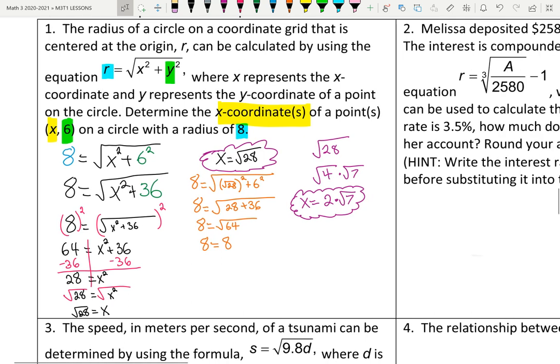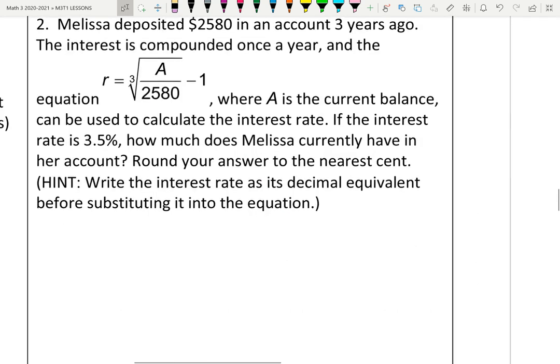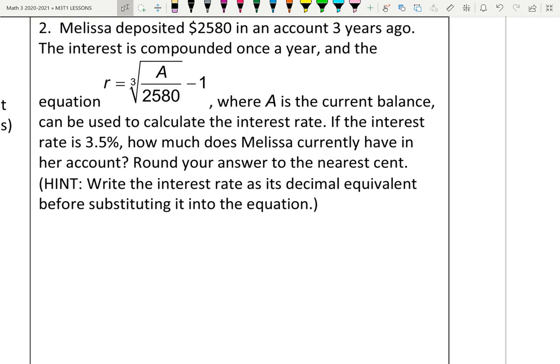Number 2. Melissa deposited $2,580 in an account 3 years ago. The interest is compounded once a year in this equation, where A is the current balance, can be used to calculate the interest rate. If the interest rate is 3.5%, how much does Melissa currently have in her account?